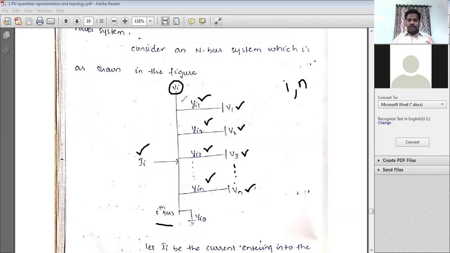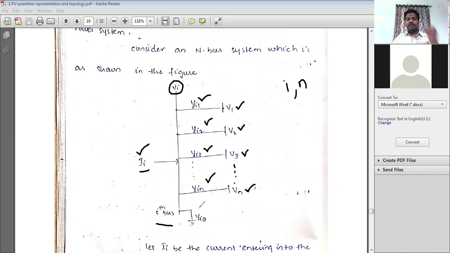Here capital I suffix i is the total current entering into the ith bus. The leaving currents are different and can be obtained later. yi1 is the admittance connected between the ith bus and the first bus. yi2 is the admittance connected between the ith bus and the second bus.